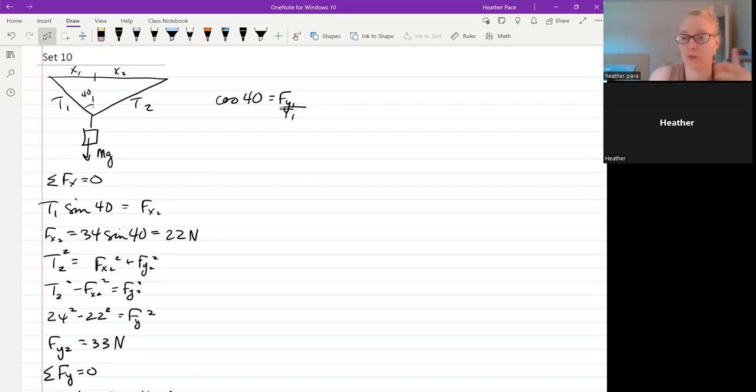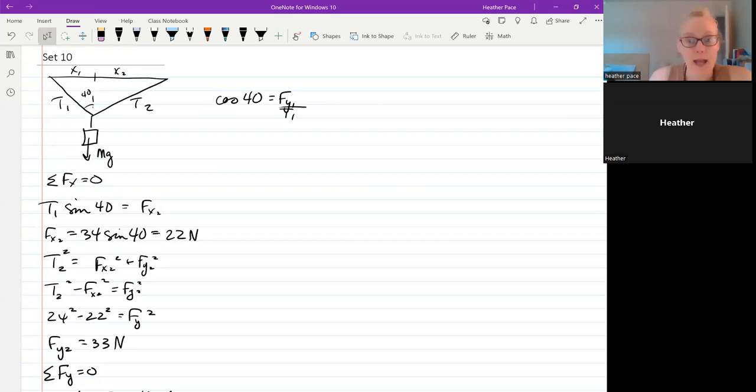We can see that the force in the x direction is going to be T1 sine 40, and the force of the second string in the x direction is going to equal that, because if we set that to 0, there's only two forces, they're going to equal each other. So slap in some values here, and what we end up with is Fx2 is 22 newtons.